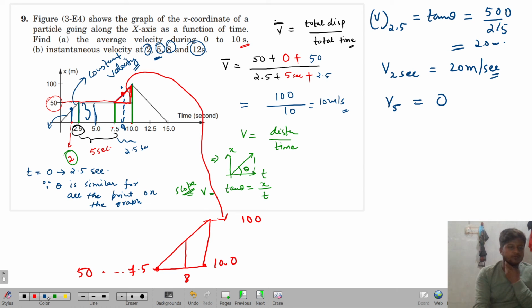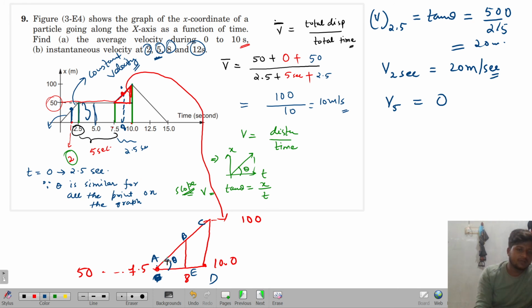Now look over here. For both the triangles, let's suppose I name them A, B, C, D, E, F. For the bigger triangle A, C, D, let's suppose the angle over here is theta. For the triangle A, B, E also, this similar angle theta will be there or not? So what has happened?